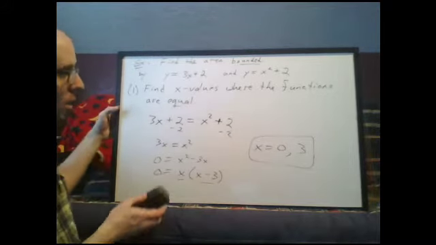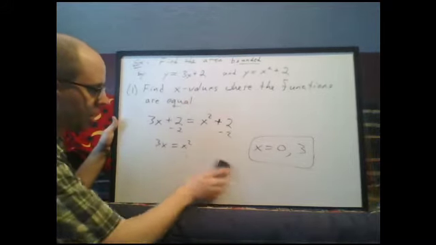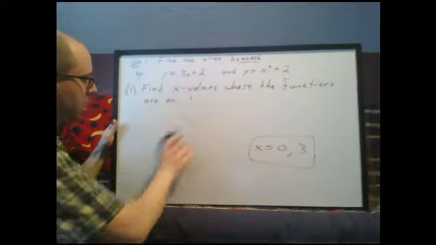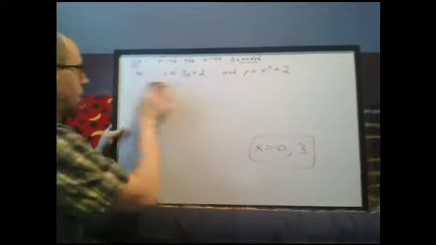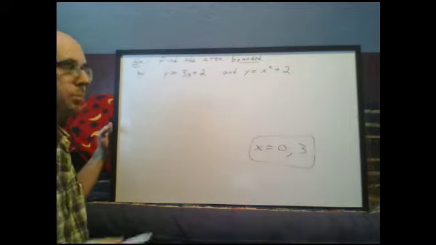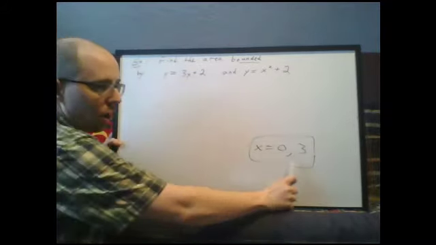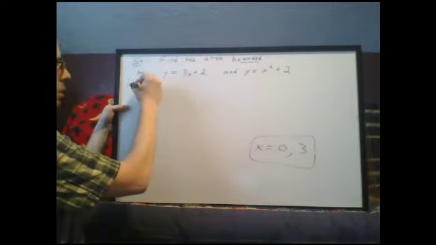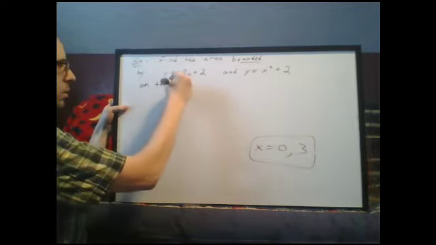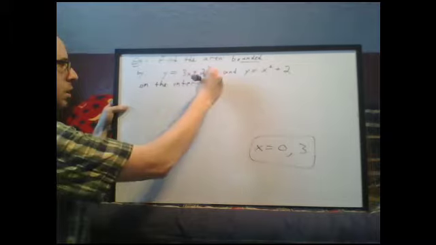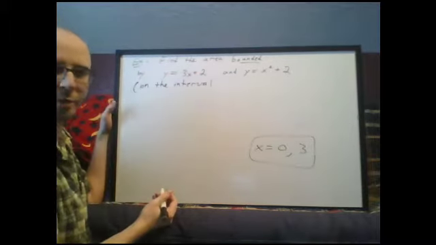Okay, so with that in mind, let me erase. Now the question becomes, find the area between these two curves on this interval. So this is new information that we figured out now.